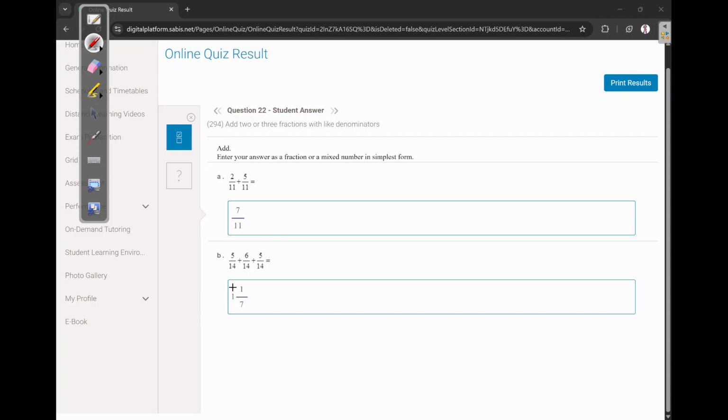Okay, so here you can make it either improper. Here they say it's improper, but you can also make it 1 and 1 out of 7. So either it would be 16 out of 14. You can divide both of them by 2 equals 8 over 7, and then either you can just keep it like this and give the answer like that, or it's better if you make it a mixed number, 1 and 1 out of 7.